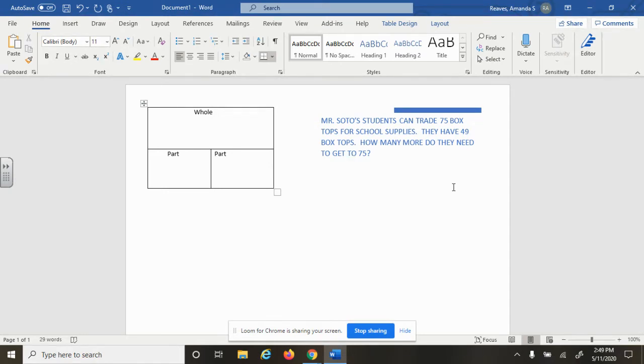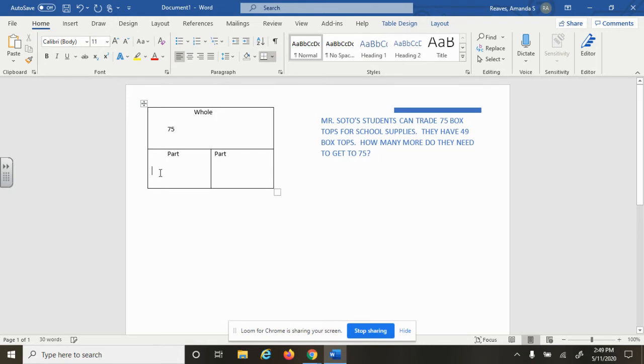The first thing that we would ask the students to really do is think about what's the largest possible number that you can have, because you know that that's going to be your whole number. It's telling us in the problem that 75 is the biggest number. We can't have 75 and 49 as two parts and try to add them together, because then we would have more than 75, and 75 is the biggest number of box tops they need. So I know that 75 is my whole number. I'm going to go ahead and put that in the top.